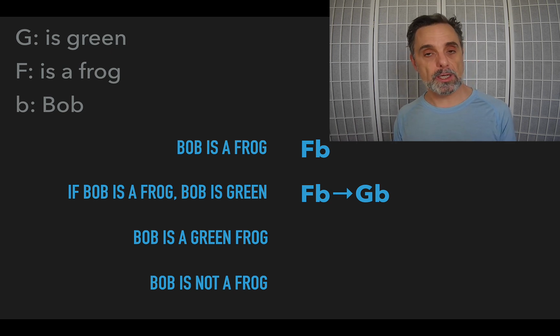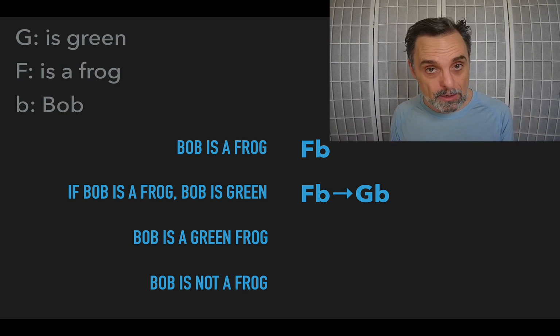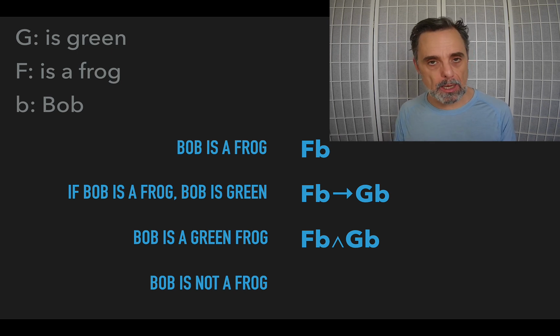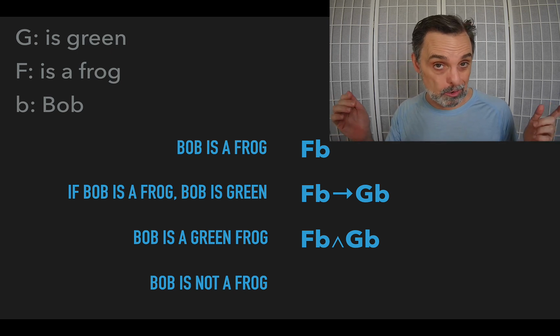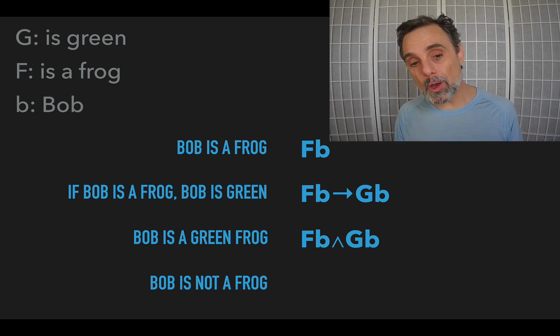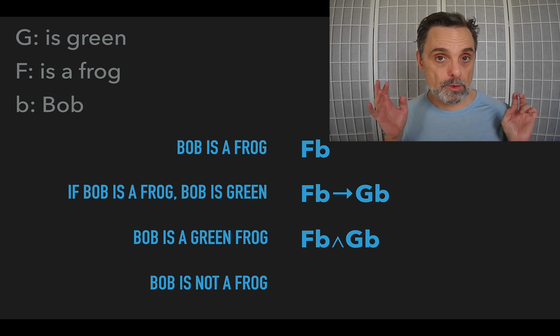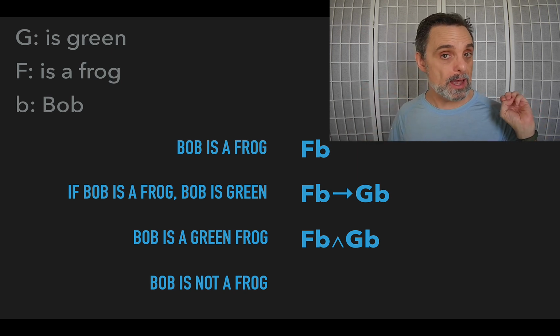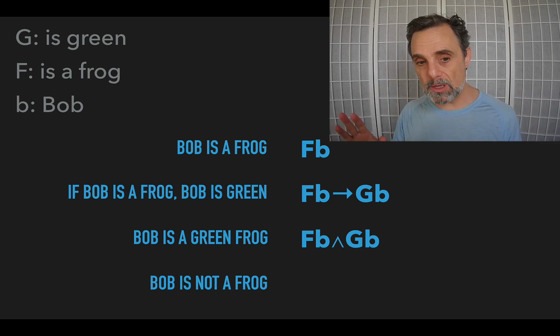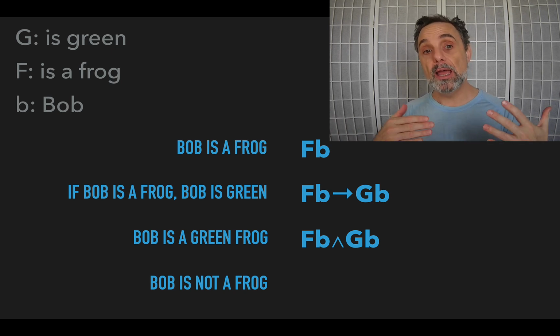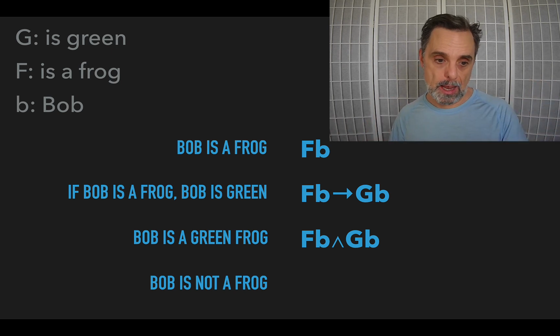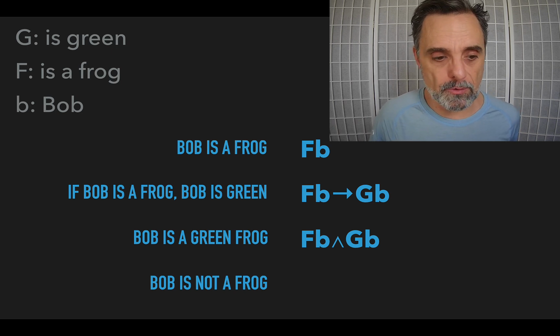Bob is a green frog tells us that Bob is green and that Bob is a frog. So the way we say that is Fb and Gb, and that's the only way grammatically in our logical language we can do that. The only place we can put the AND is between two formulas. So we make the formula Fb, we make the formula Gb, and we stick them together with the AND and we're good to go. We're saying Bob is green and Bob is a frog, and that's the best we can do to symbolize Bob as a green frog.